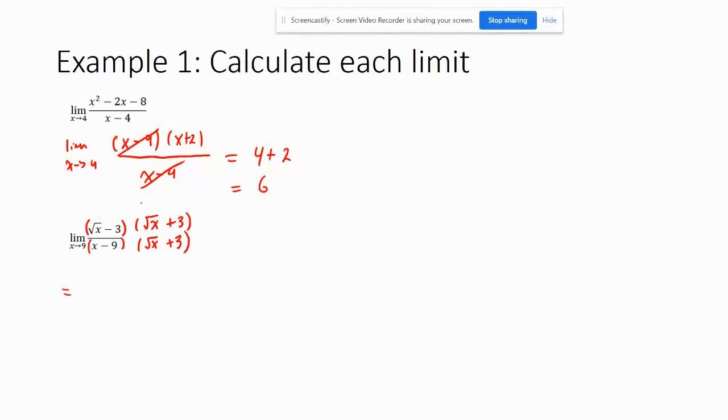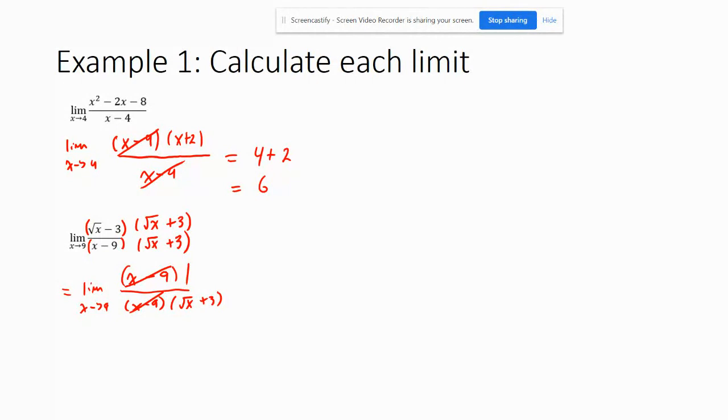Now, rationalizing the numerator, we're going to expand this out. Root x times root x is x, still the limit as x approaches 9, plus 3 root x minus 3 root x. Those two terms cancel out, minus 9. This is good because we have an x minus 9 factor in the bottom. Then we have root x plus 3, which cancels, and we have a 1 in the top.